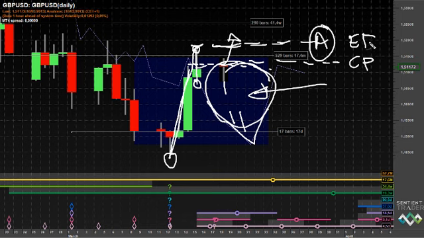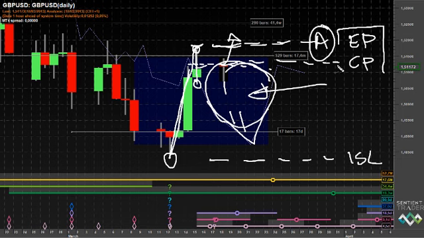There's my entry point up there, and here's my initial stop loss right down here. So my entry price is not much above my crossing price. So this is not a situation such as the situation that we saw in the euro to US dollar, where our entry price was so far removed from the crossing price that it rendered the trading opportunity null and void. So that's what's happening in the British pound to US dollar at the moment.